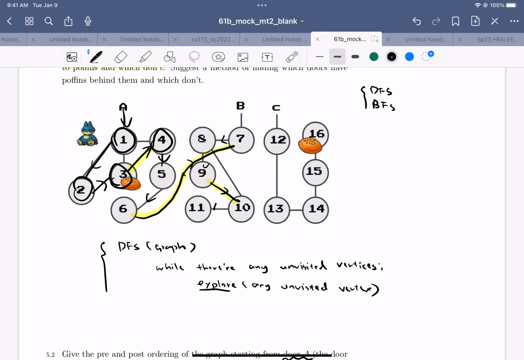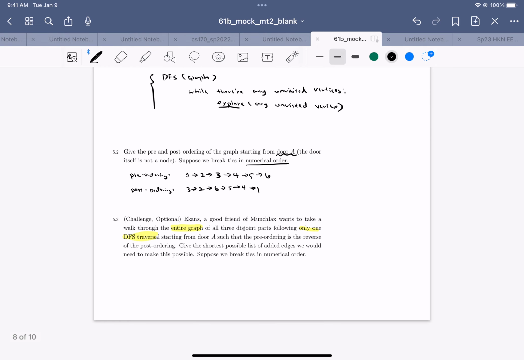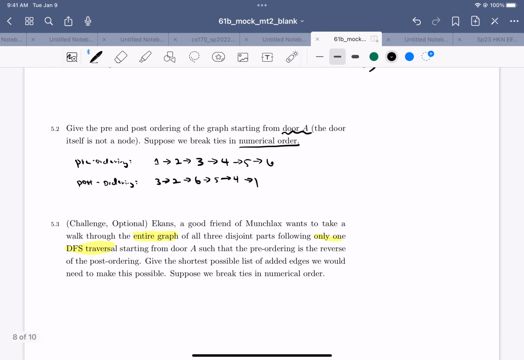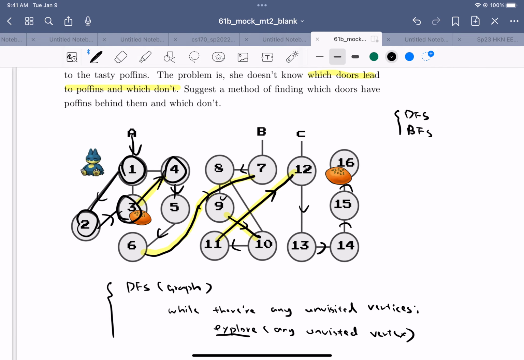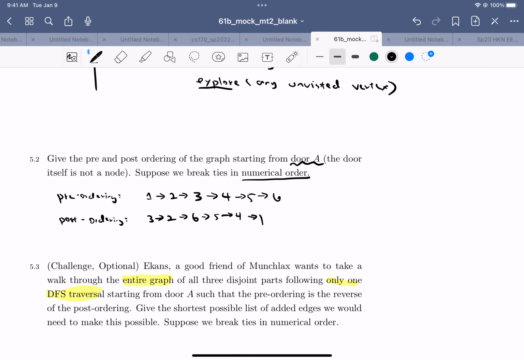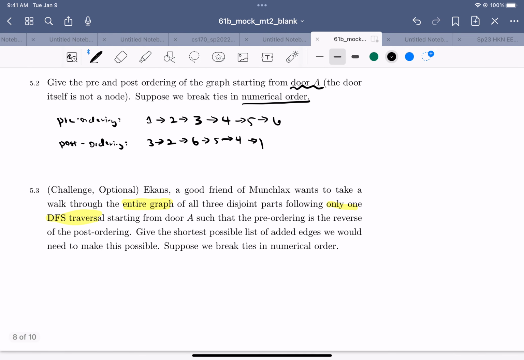From 10 we go to 11, and from 11 we want to go to the root of door C, which is 12. Okay, from 12 go to 13, 14, 15, 16. So here's the entire traversal, and we can see that one DFS function call can walk through the entire graph, and that's basically our solution for the third part of this question.